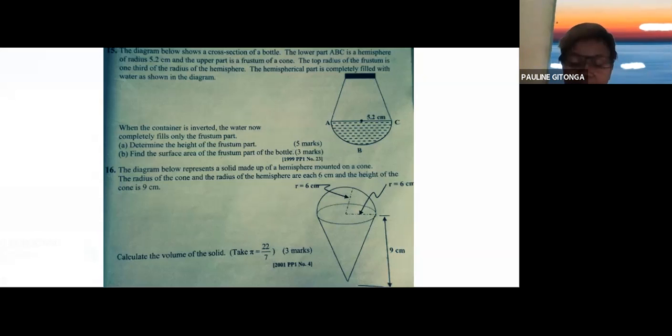And then 15.3 covers volume in Form 1 and 2. 15.4 covers density. Density we covered in Form 1. And remember, density is mass over volume. Some part of the volume we cover in Form 2, combined with the surface area. And then 15.5 we have time, and time we cover in Form 1.